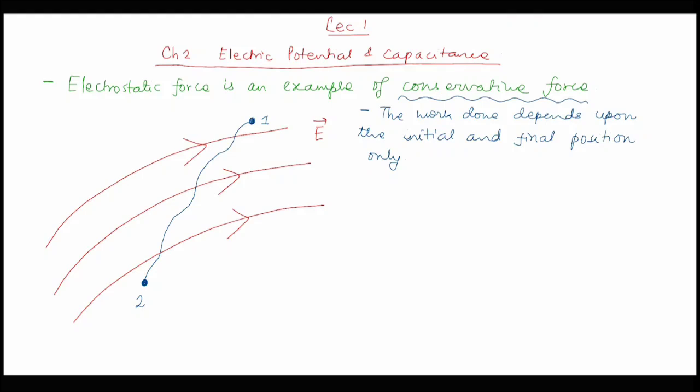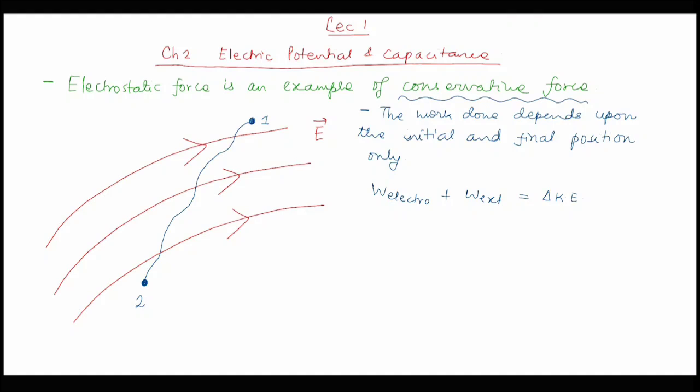Since the charged particle is taken slowly, I can write the following statement: the work done by the electrostatic force field plus the work done by the external agent is equal to the change in kinetic energy in accordance with the work energy theorem.